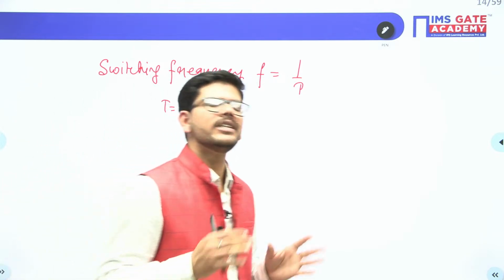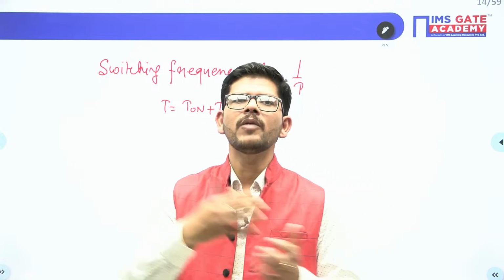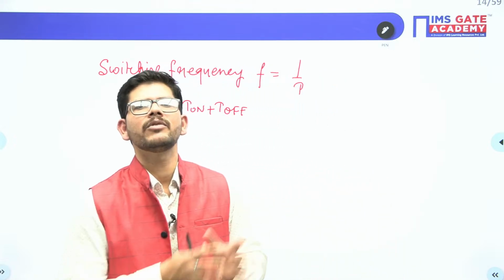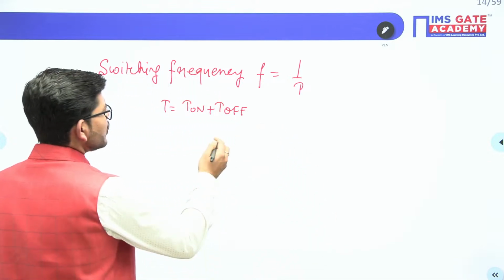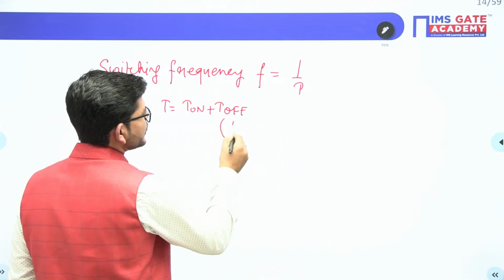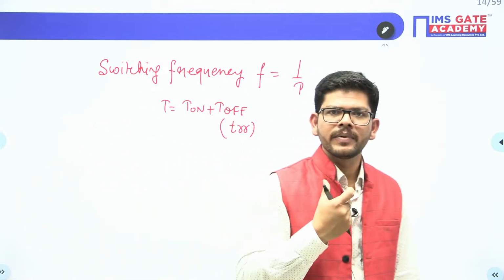T on is the time the switch takes coming from off to on state, and the time it takes coming from on to off state is the T off time. Now the T off time basically has TRR, the reverse recovery time.